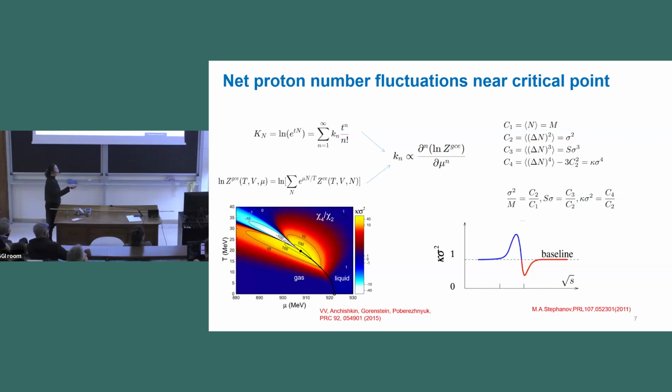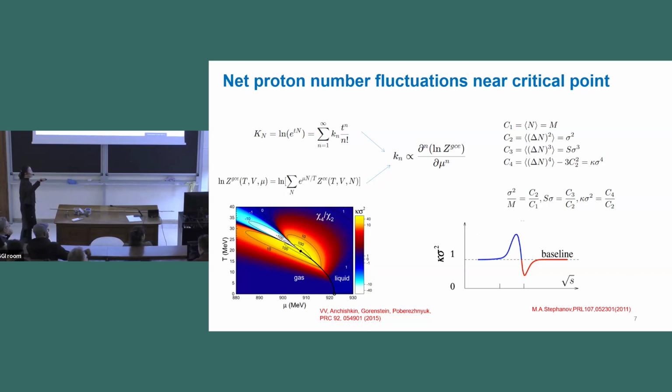On the left side there will be a negative region, and around the critical point there is a peak structure. I will show you a three-dimensional plot later so you can see it clearly.